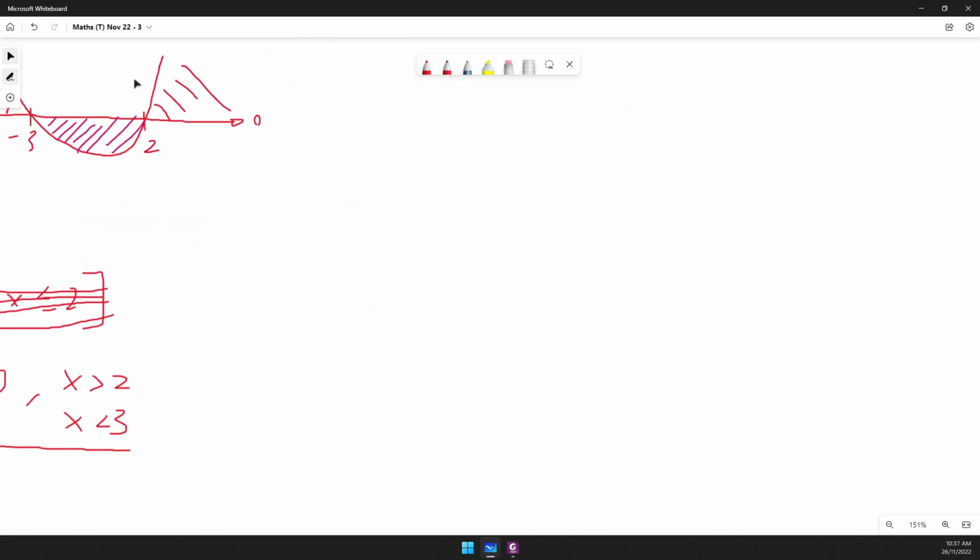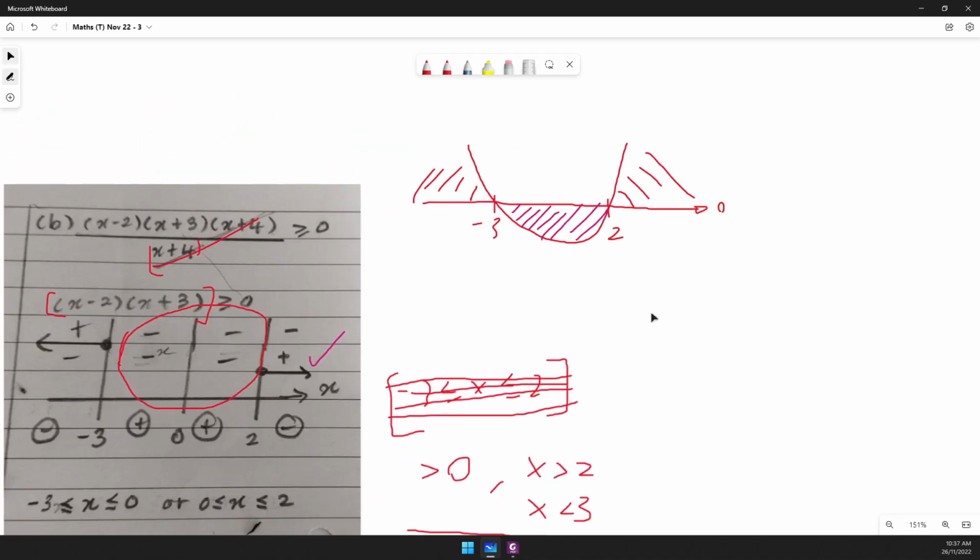The one we shade in the graph, if more than negative 3, shade to the right side, right? Yes, here, more than negative 3. So must be to the right, right?